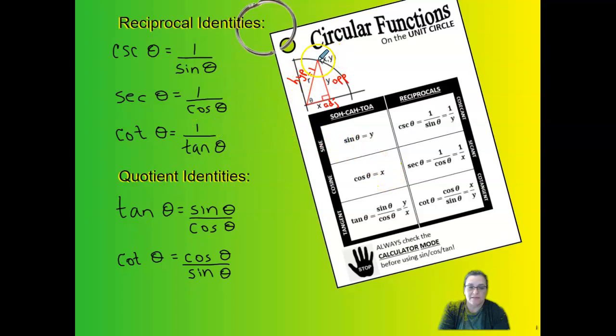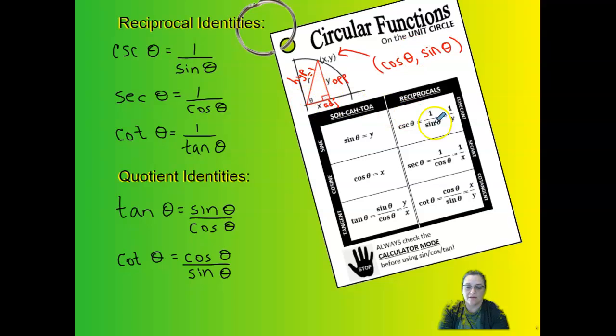So this ordered pair x comma y is actually representing the cosine of the angle theta and the sine of the angle theta. The x coordinate is the cosine and the y coordinate is the sine.